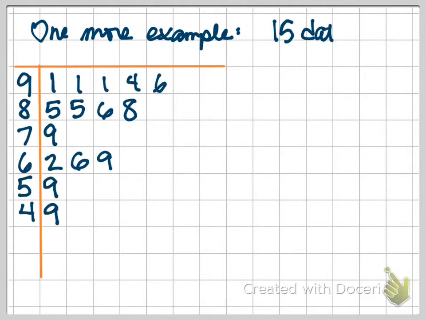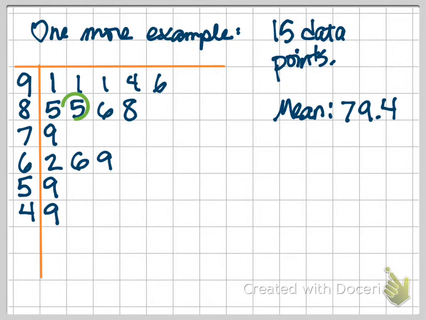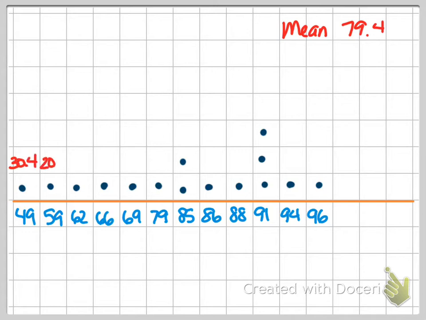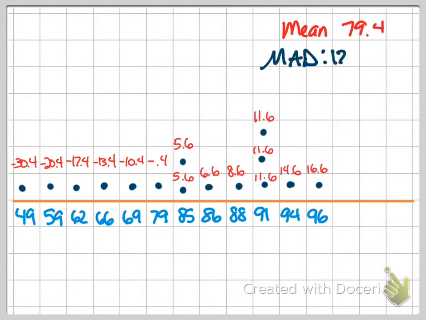Here's another example. In this one, I'm not going to create a box plot, and I've used 15 data points. I have 5 data points in the 90s, 4 in the 80s, 1 in the 70s, 3 in the 60s, 150, and 149. And I calculated my mean as 79.4. Across the bottom, I've created a dot plot only, and then I subtracted the mean, 79.4, from every data point along the bottom.